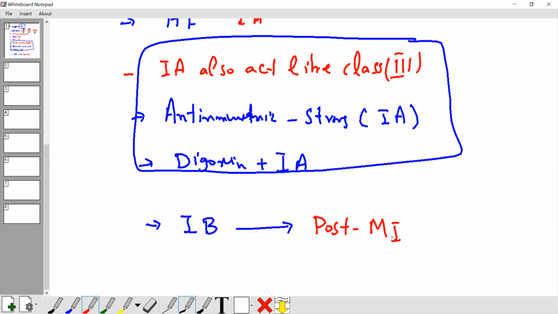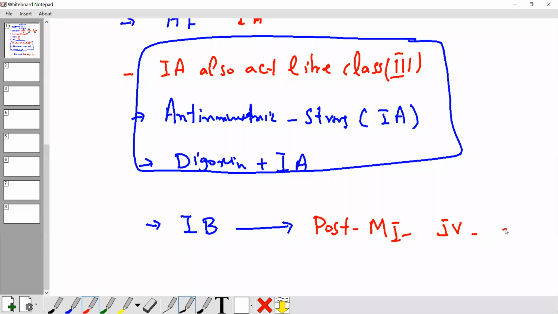Lidocaine is used to control arrhythmia in a heart attack patient in hospital. When the patient goes home, we shift to mexiletine.